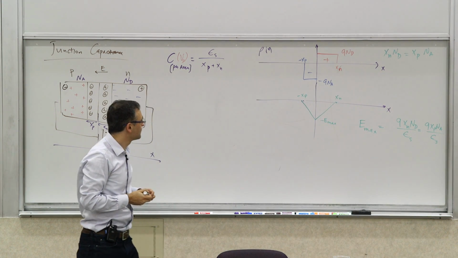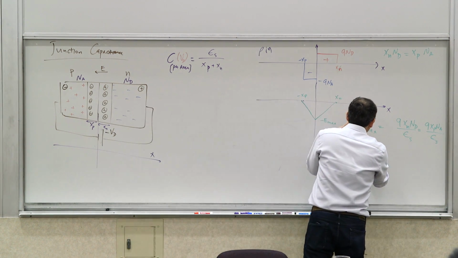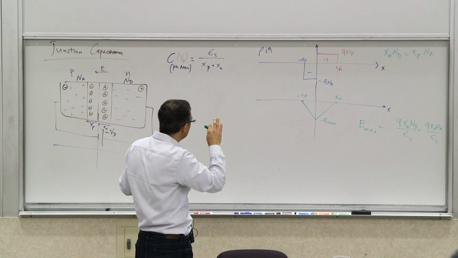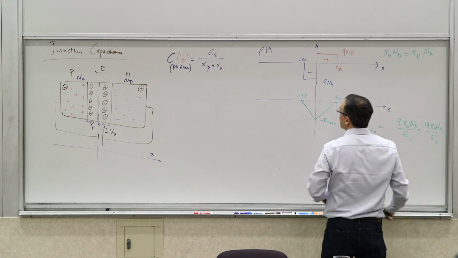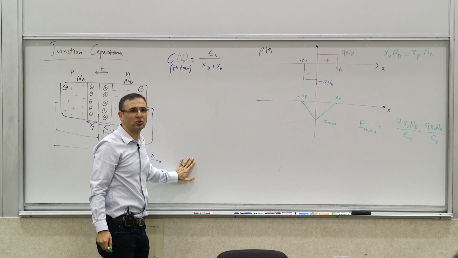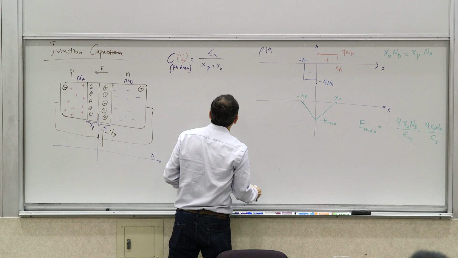So now what I'm trying to do is express Emax not just in terms of xn or xp the way it's written, but in terms of xn plus xp, to make it more symmetrical. So this is what we are going to be doing mathematically.